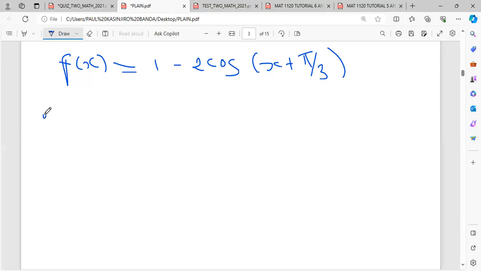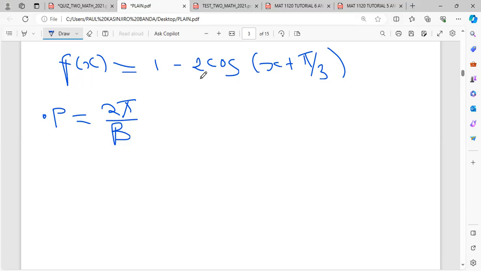The first thing is to find the period. How do you find the period? The period is simply 2 pi over b, that's the formula, where b is the coefficient of x.